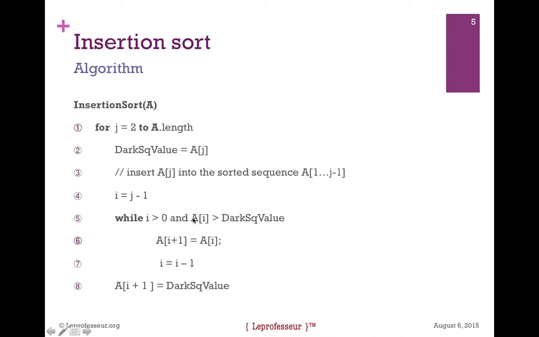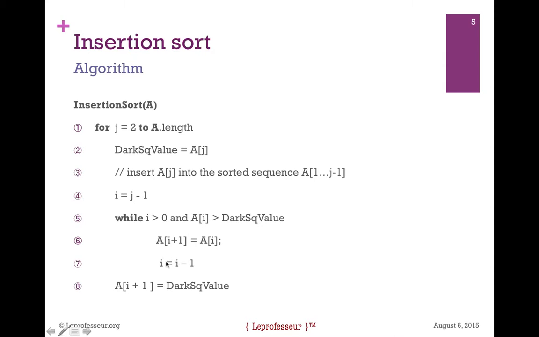then we move the value which is stored at A[I], the previous position, to the position where the dark colored square value was stored. And if any of these conditions is not true, then we come out of the while loop. So we store the value from A[I] at the location where the dark square value was stored, and we decrement I, our looping variable.